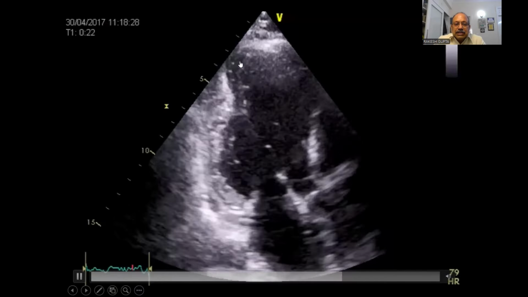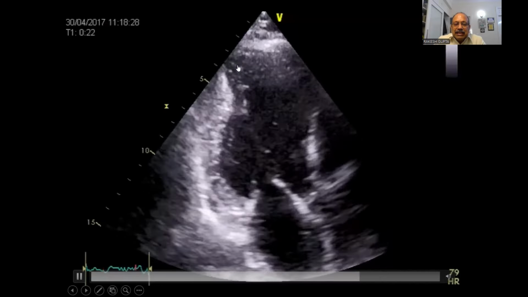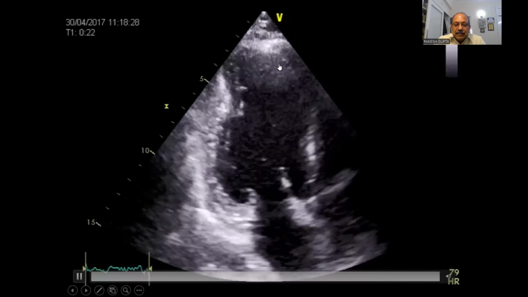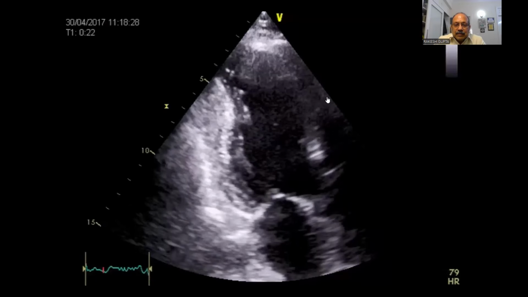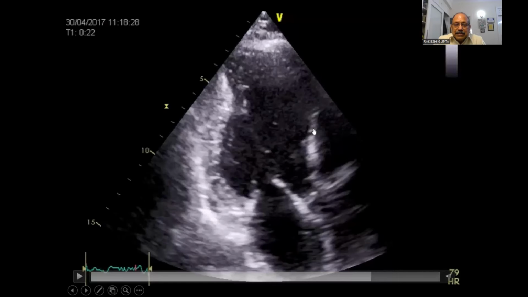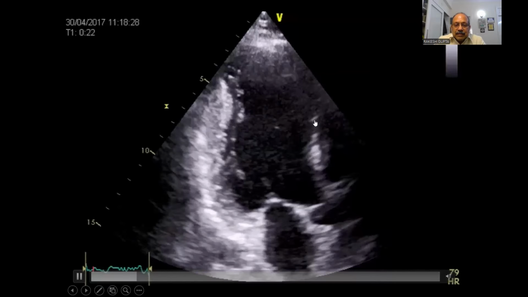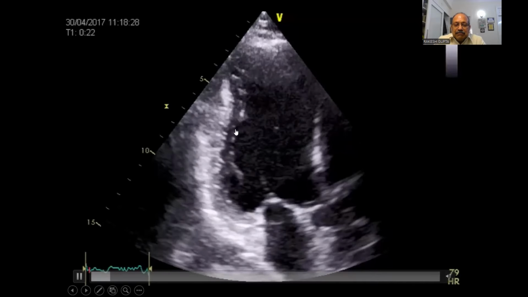Now, this segment is already dilated, whether diastole or systole. This is the inferior wall, despite being a three-chamber view. This is anterior septum. This is mid and basal inferior wall, and this apex is almost dilated.